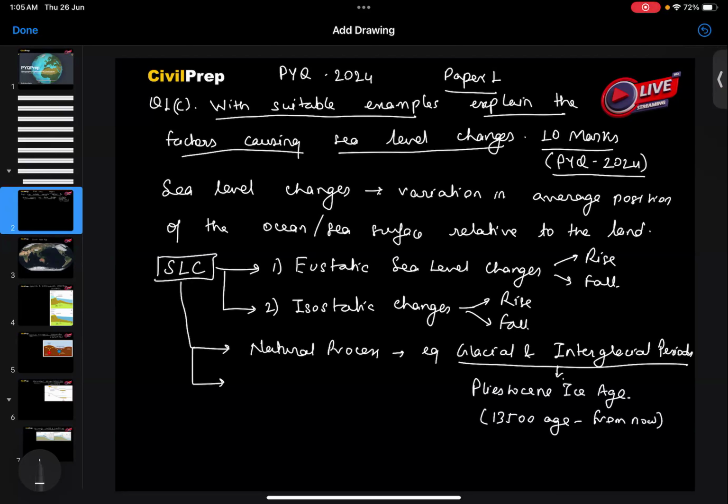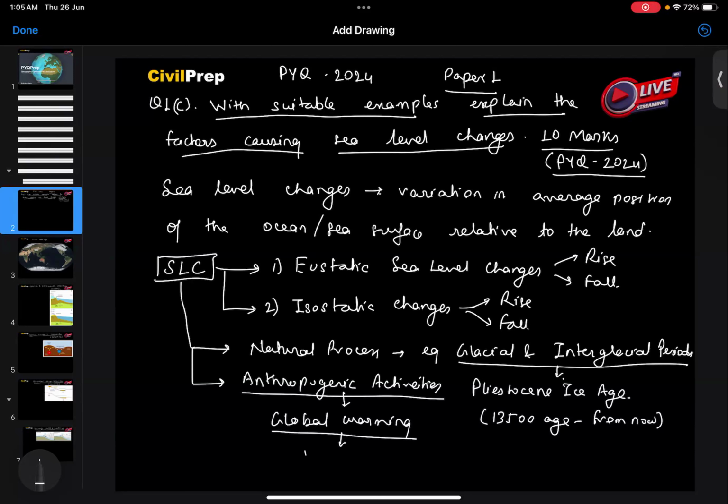But what we see in the contemporary time is that anthropogenic activities have resulted in global warming, and this is also resulting in sea level changes.